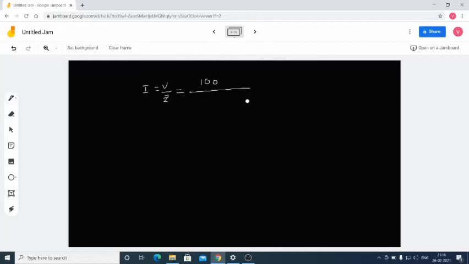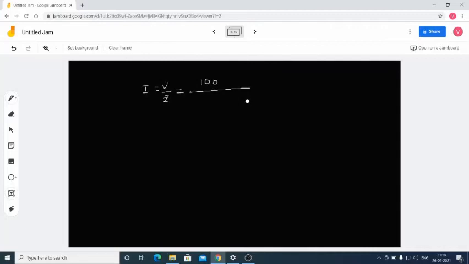So A minus B: substituting the corresponding values, 3 plus j5 minus of 8 minus j6. Finally we get 3 plus j5 minus 8 plus j6.